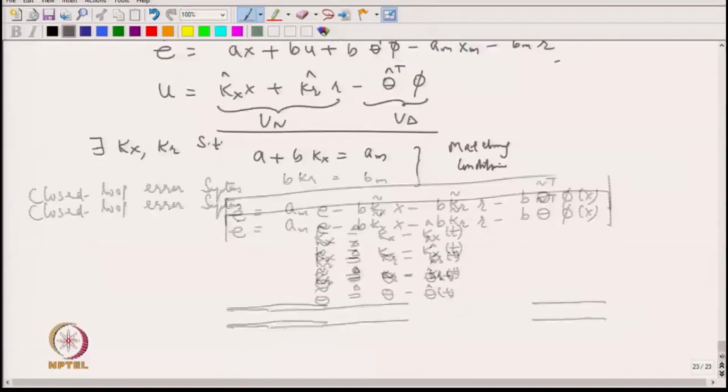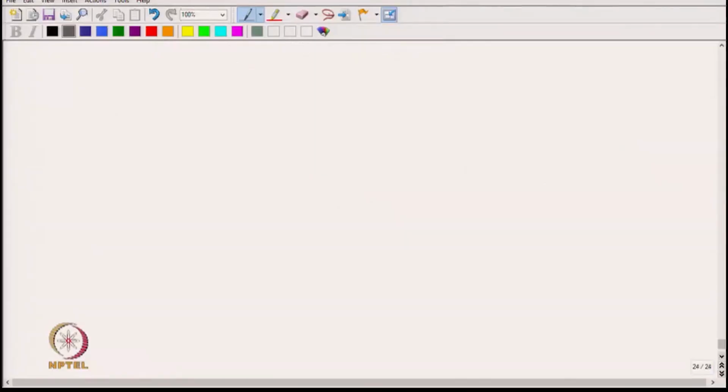Okay, so let's go ahead and choose a Lyapunov function candidate, which is always the next step.